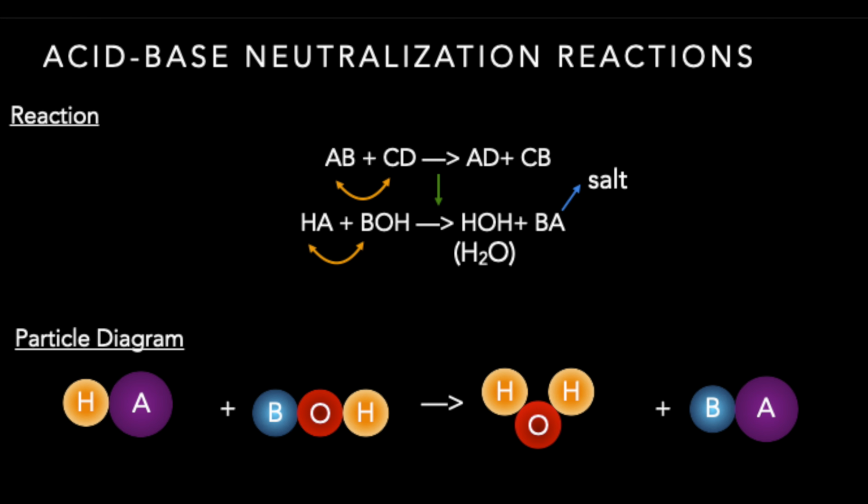And it's also a double replacement reaction since we've just had a partner swapping occur between the HA and the BOH. Let's do a quick review of acids, bases, and pH just to make sure we can easily identify an acid-base neutralization reaction.